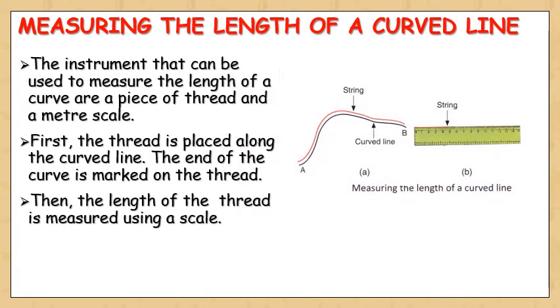Now next is measuring the length of a curved line. Students, you know that we cannot measure the length of a curved line directly by using a meter scale. So the length of a curved line can be measured by using a piece of thread. First we take a thread and place one of its ends at the beginning of the curved line.